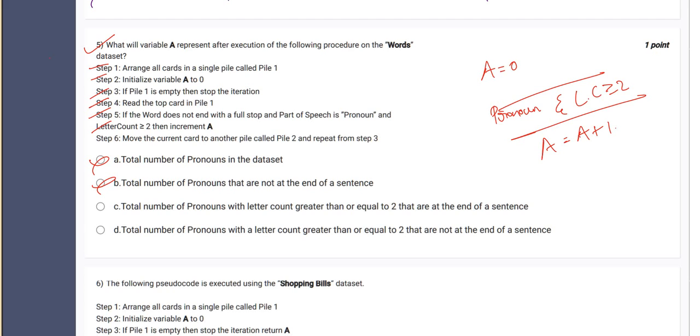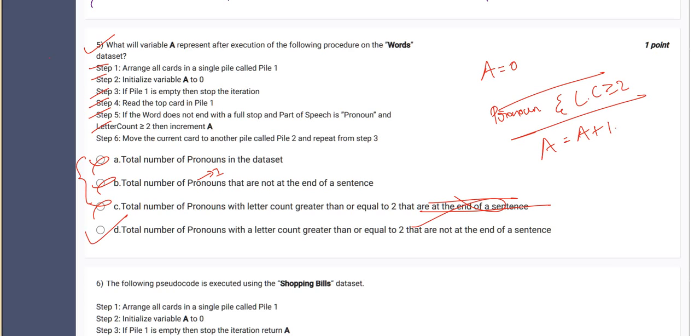This is partially correct, but because here one of the options is there, but the second criteria is missing, which is the letter count. Therefore it is a partial answer. No need to select that. Total number of pronouns with letter count greater than or equal to, but at the end of a sentence. No. In this way, if we go by elimination process, D will be the correct answer.